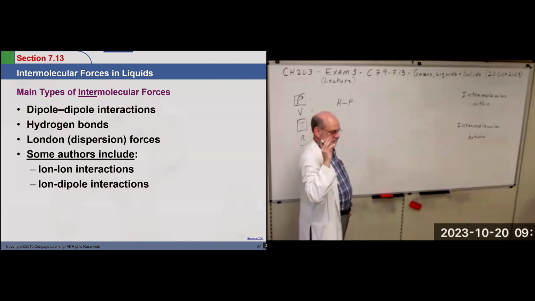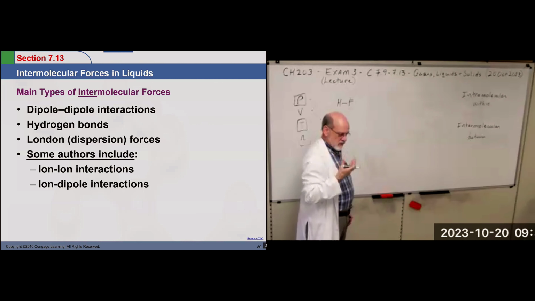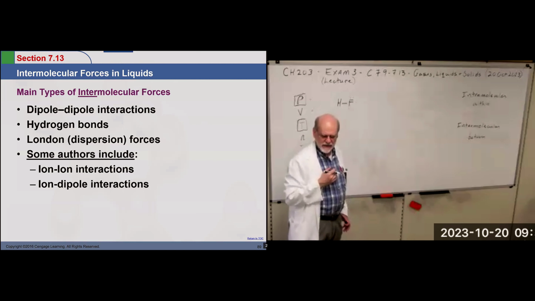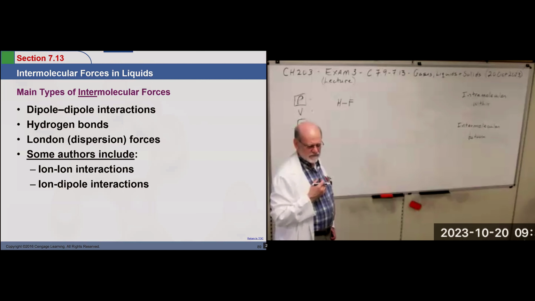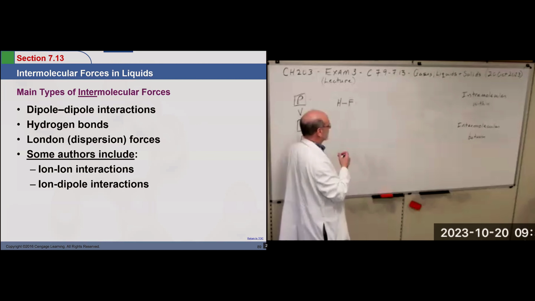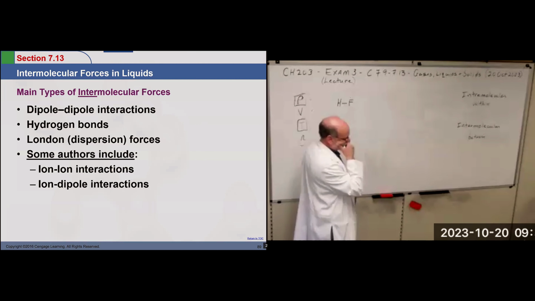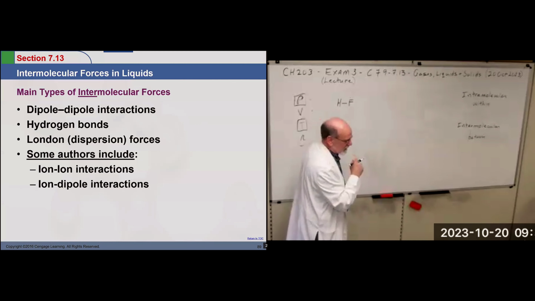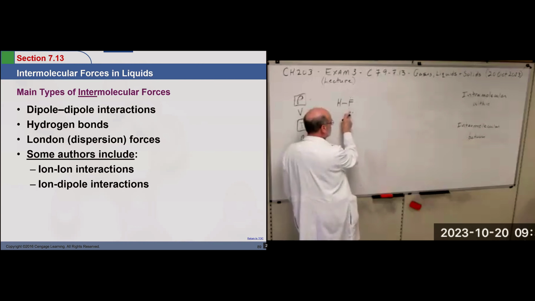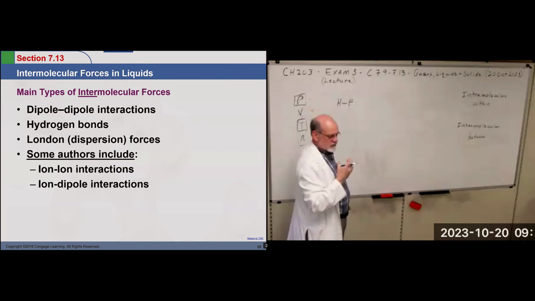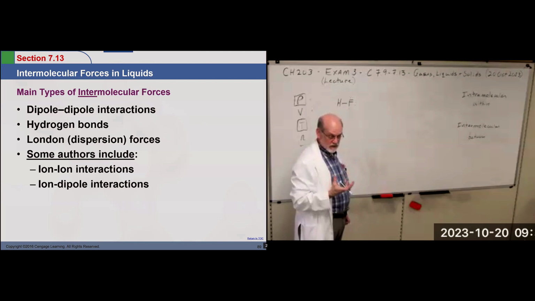The strength of attraction. We haven't named that yet. Okay. Fluorine has a much stronger attraction for electrons than hydrogen does.